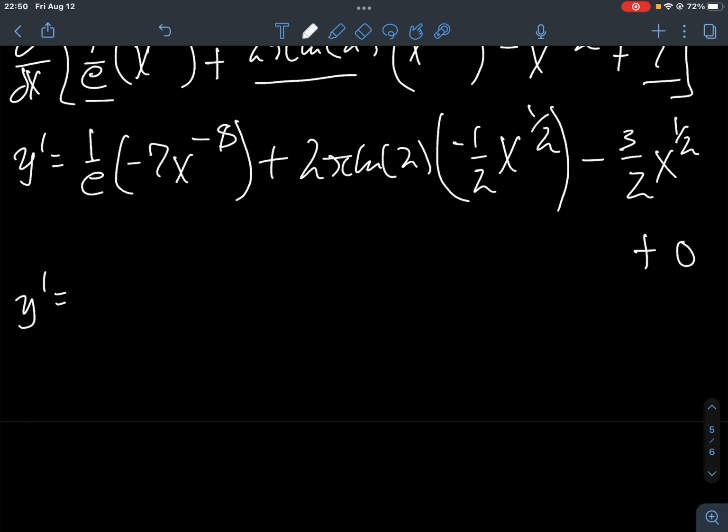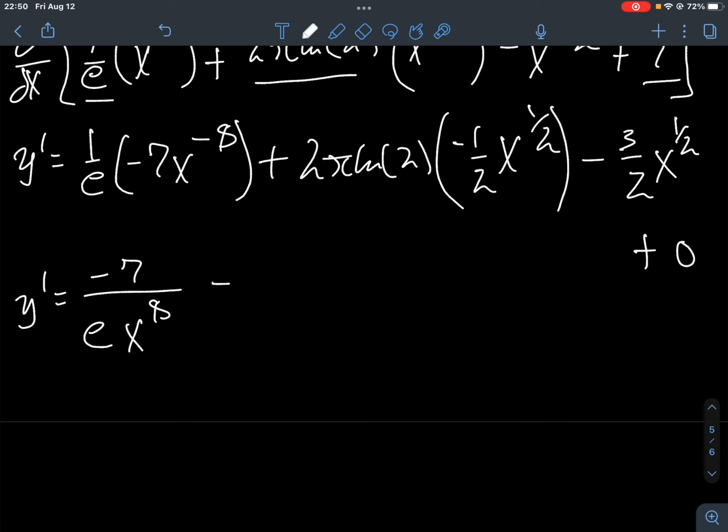So for the first one, we're going to get negative 7 over e. Now x to the minus 8, well, we can make that positive. We'll bring it downstairs. Plus 2 pi ln of 2 times this. Well, there's a negative sign in front of this minus 1/2, negative sign in front of that 1/2, which makes this all negative.